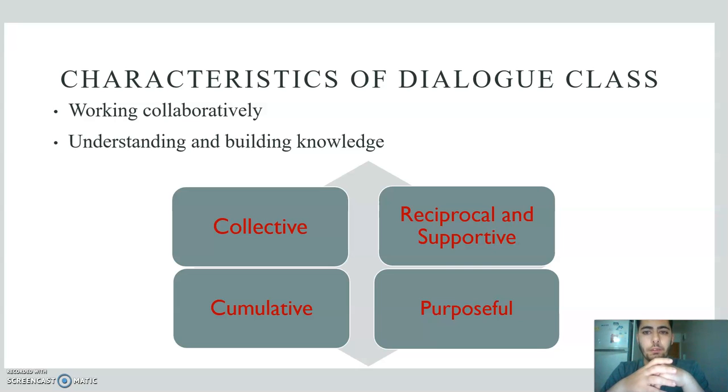Collective. Everyone in the class, including the teacher and students, shares the responsibility of discussions. It involves every student in the class, and the discussion is not led by the teacher. Reciprocal and supportive.